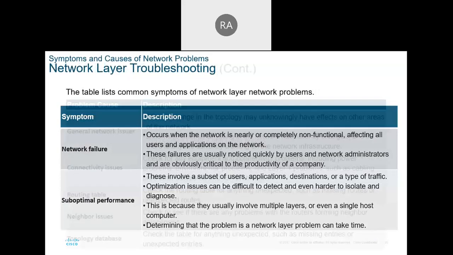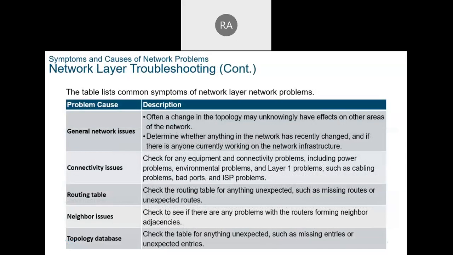And I'm going to talk about some of those in my own way. I'm still talking about layer 3 issues. Even the routing table is a layer 3 issue. If I can't reach a particular destination, do I have that destination in my routing table? If I don't have your destination in my routing table, then I can't reach that destination. These are things that will enable me to solve my layer 3 problem.